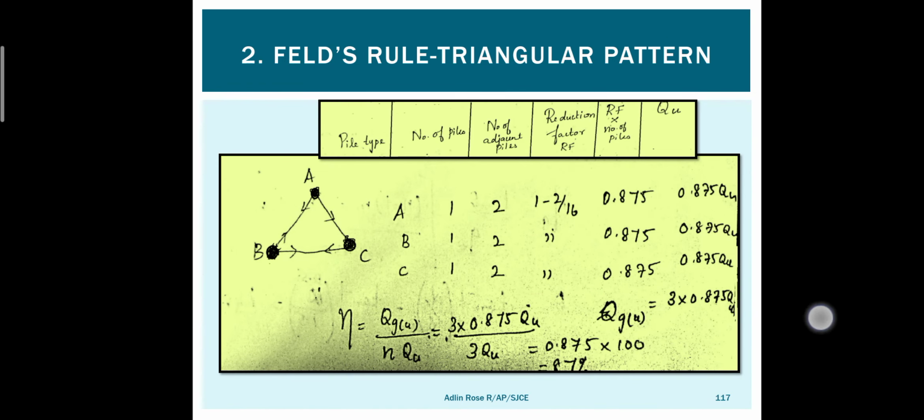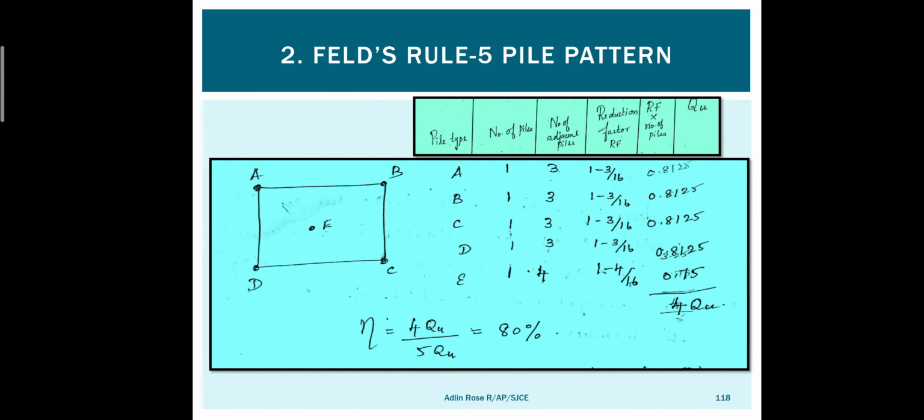Now just note down the question. For a 5 pile group, there will be 4 at the corners and 1 at the center. Find that; that is your homework. The homework is to find the efficiency by applying Fell's rule.